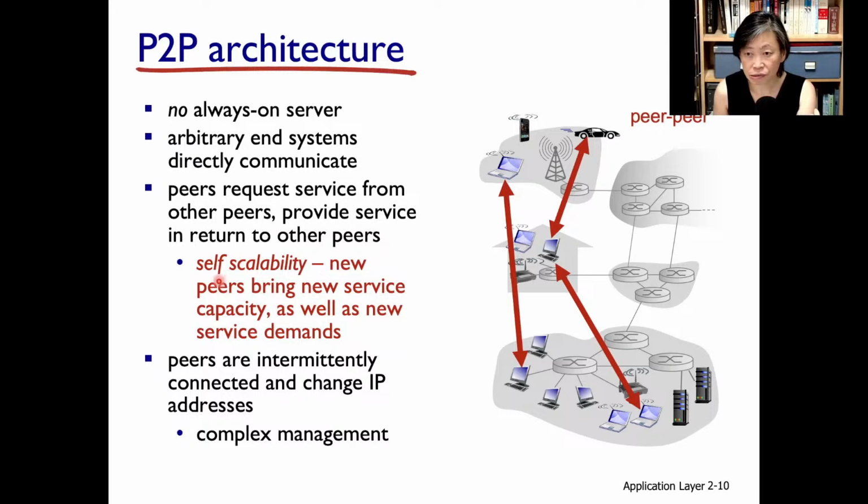Such a characteristic is called self-scalability, because as we join such a P2P service, we ask for services, but we also open up our resources and add new service capacity. Now, the only drawback of P2P is this. Hey, the peers, they are all intermittently connected, running on dynamic IP addresses.